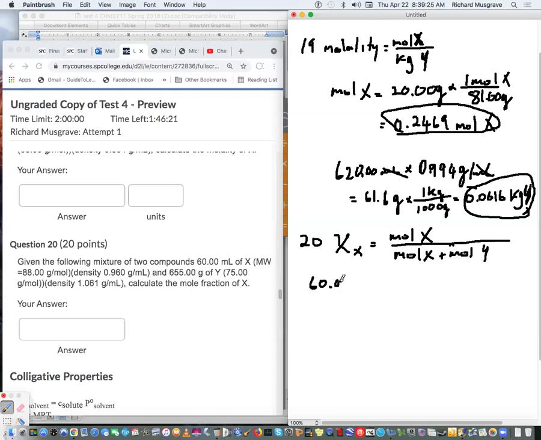So 60.00 mils, and we multiply it by the density. And that's 57.6 grams.